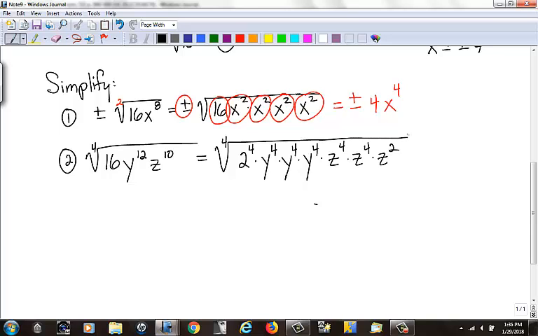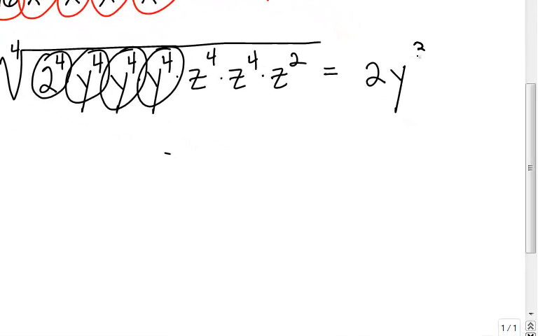Now under each one of those, out of this I could take out a 2. Out of this I could take out y to the 1st, y to the 2nd, y to the 3rd, so take out a y to the 3rd.